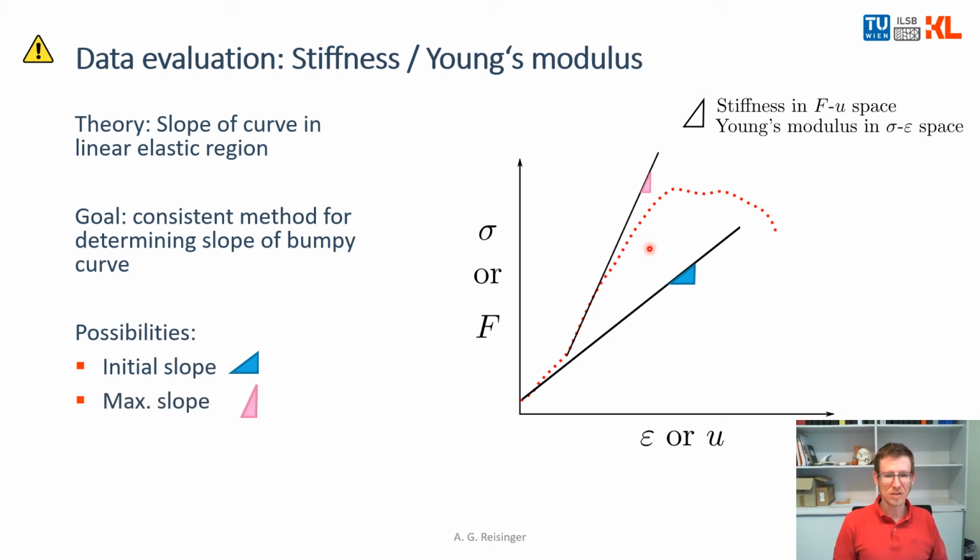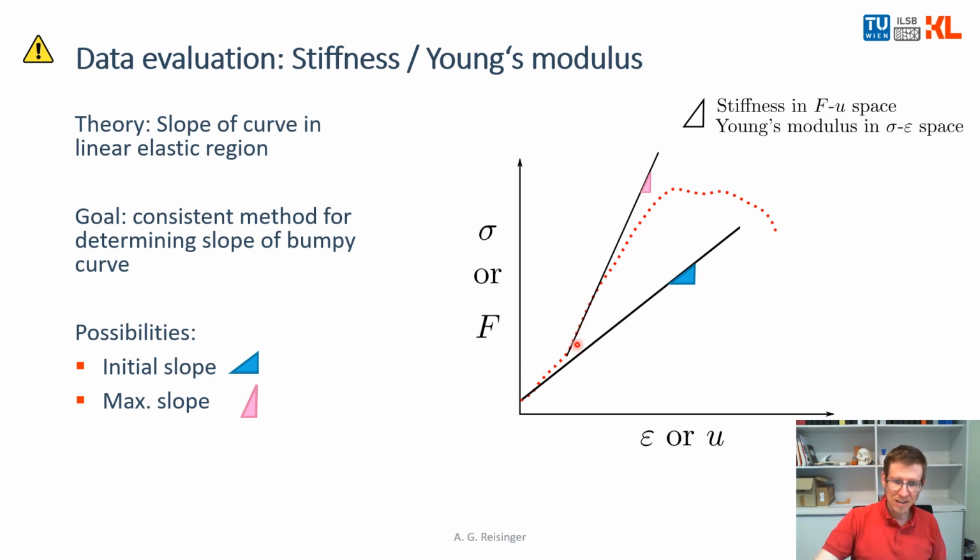Or what you can do is you can walk through these data points and note the slope between two points all the time. You say, okay, these two points have a slope like this, the next two points slope like this, the next two points slope like this, and you note down the slope all the time. And then you select the maximum slope you have measured.